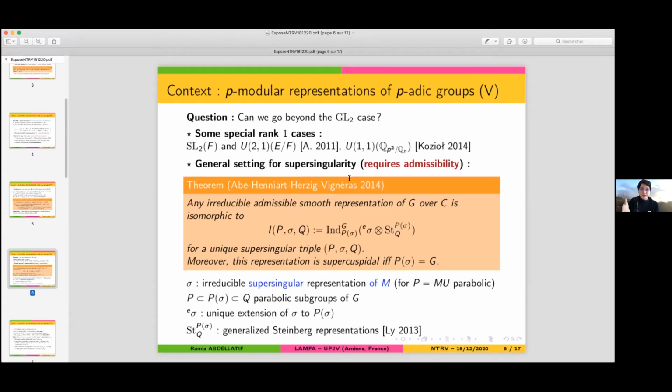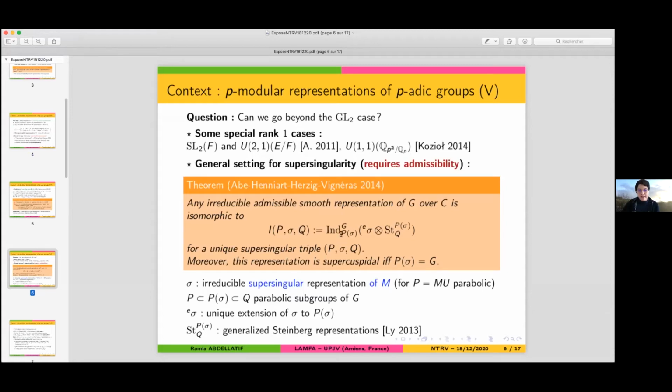That was shortly after generalized by Abe to the split case. And then these four people managed to give a really general setting for what supersingular representations of an arbitrary connected reductive group should be. So it involves, again, the spherical Hecke algebra and some avatar of the Satake morphism to come back to tori, or maybe I should rather say to the minimal parabolic.